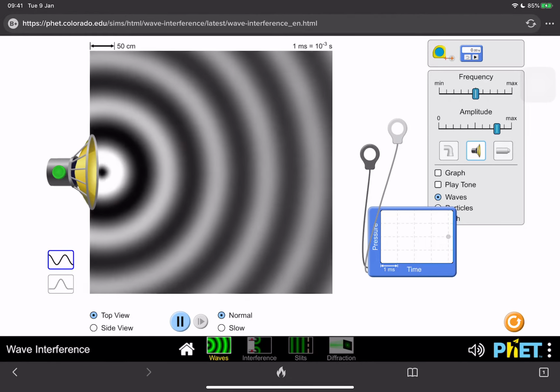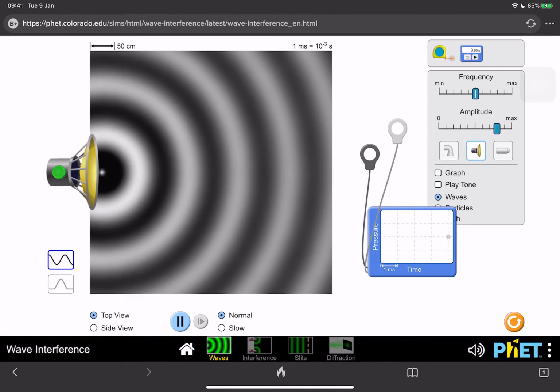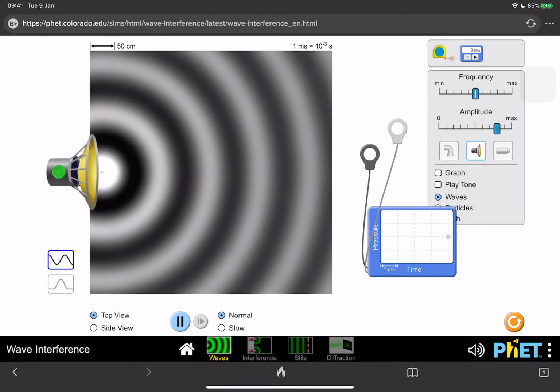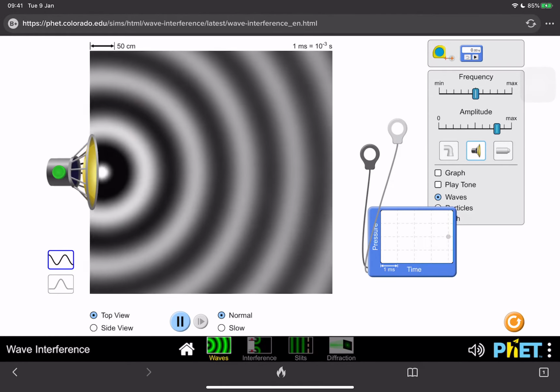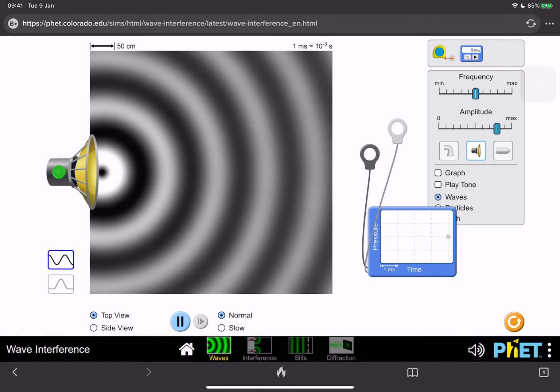Either way is fine, but just in general, it describes some kind of displacement of the medium.